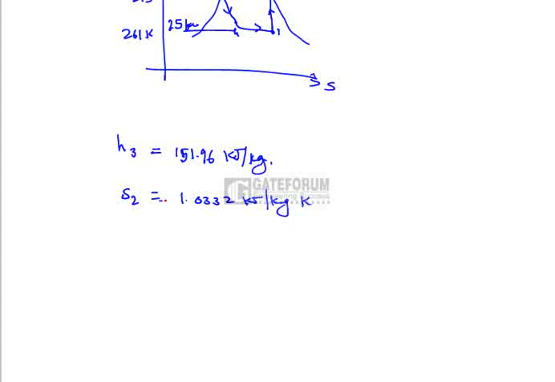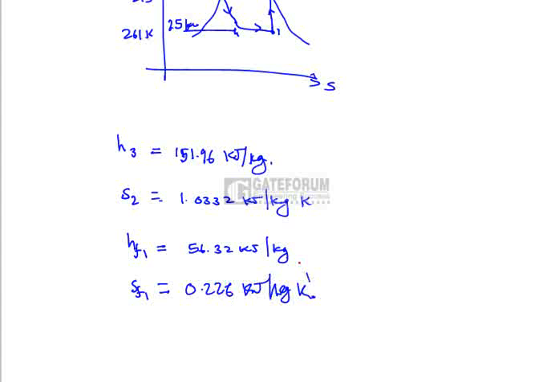Coming to the remaining points, let us say hf1, which is equal to 56.32 kilojoule per kg, and in the same way sf1 is given by 0.226 kilojoule per kg Kelvin, and hf2 is equal to h3, that is already written.